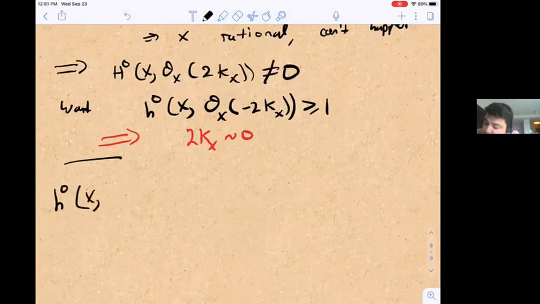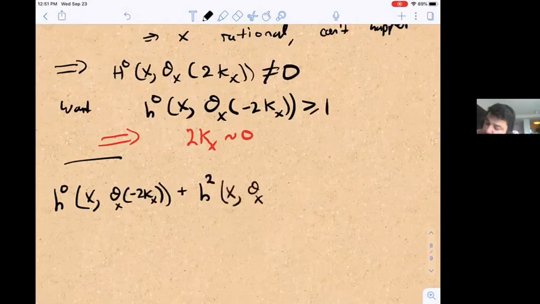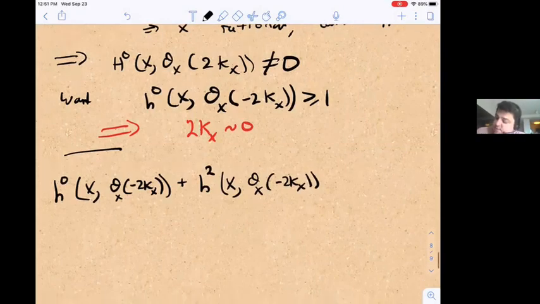So h0(X, O_X(-2K_X)) minus h1 plus h2. I didn't include the minus term, so this is all greater than or equal to what Riemann-Roch tells you.